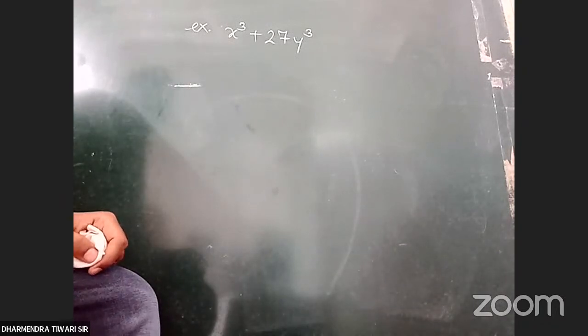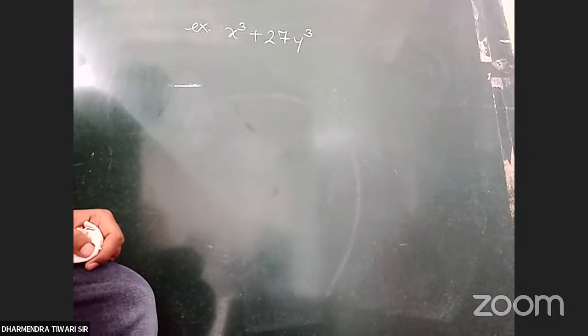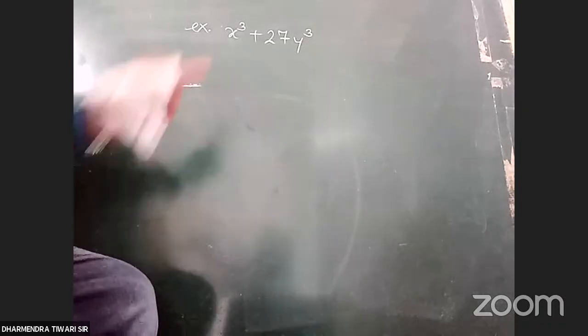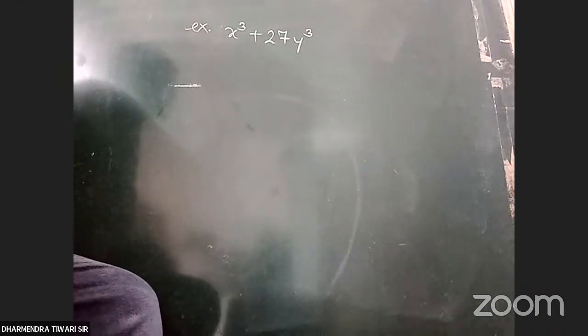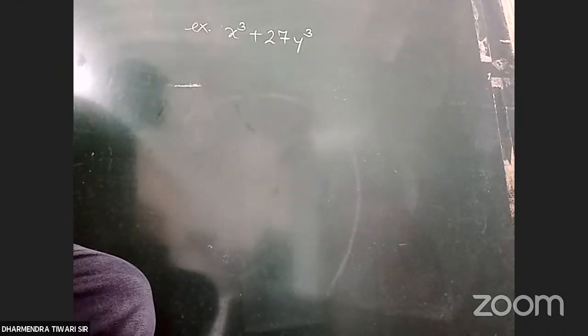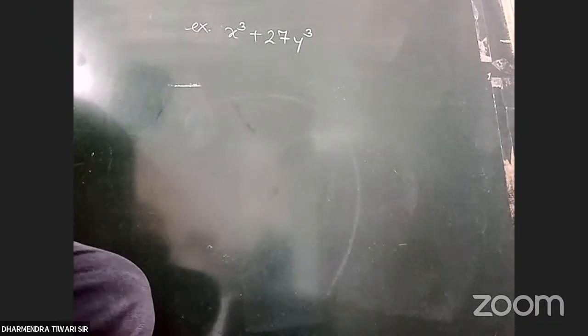Now, our observation is that we are having x cube, we are having y cube, but this 27 is creating a problem. Now, I have asked you yesterday to do the homework on squares of numbers and cubes of numbers. So I hope you have done that.